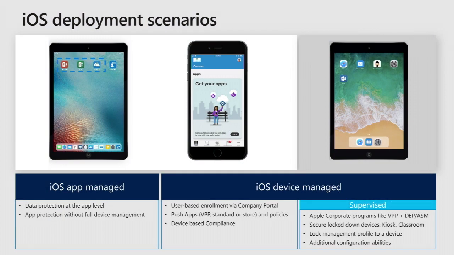All right, so I'm really excited to talk about some things we've been doing over the past year, as well as what's coming over the next 6 months. But first, I'd like to give a baseline understanding of what we do on iOS. So we really cover a full spectrum of device management, all the way from app protection policies, which are the most lightweight form of management, up to your supervised lockdown devices enrolled via Apple's Business Manager or DEP enrollment programs.